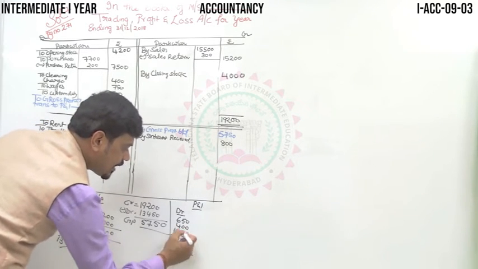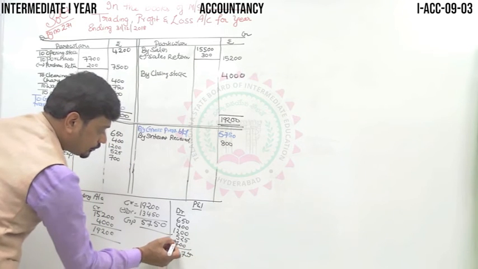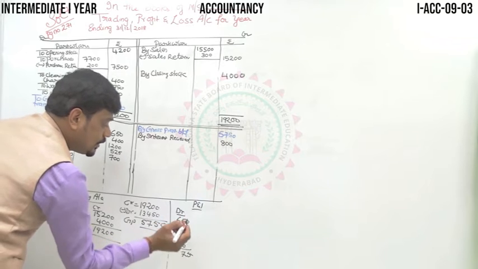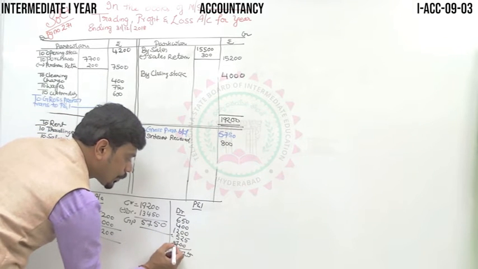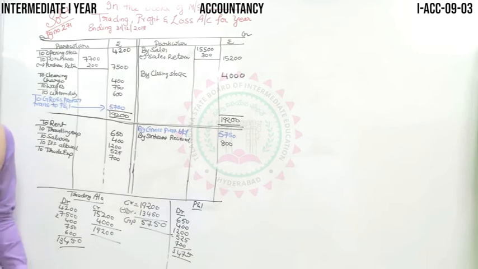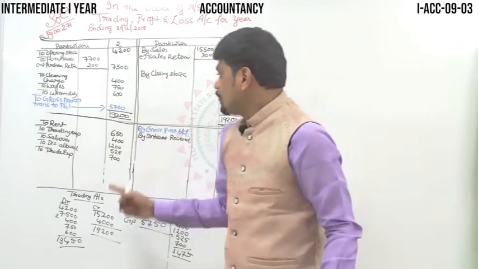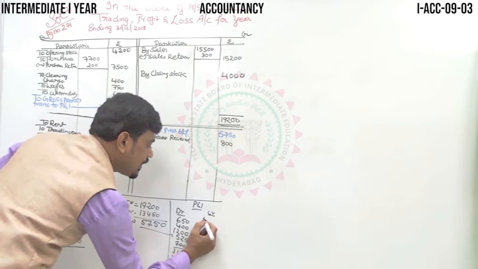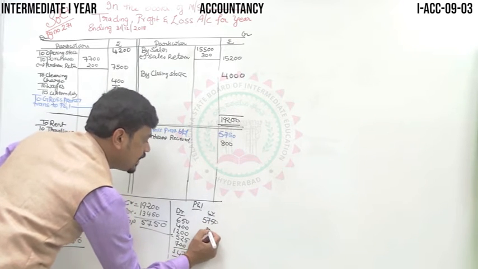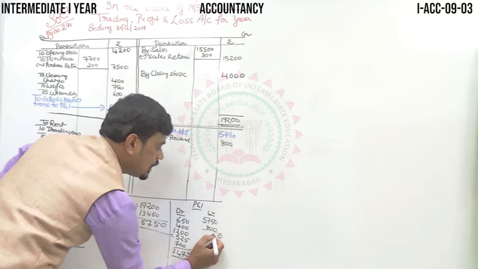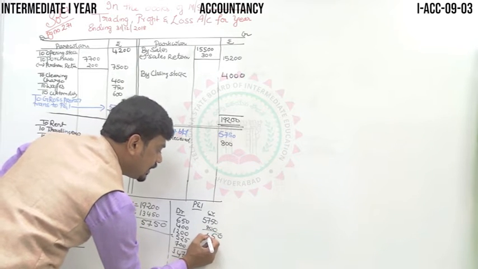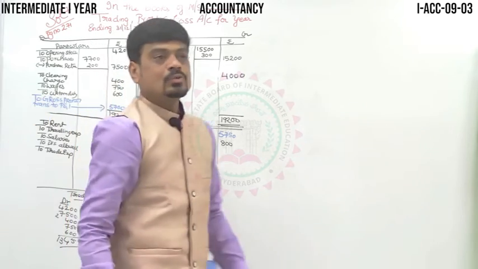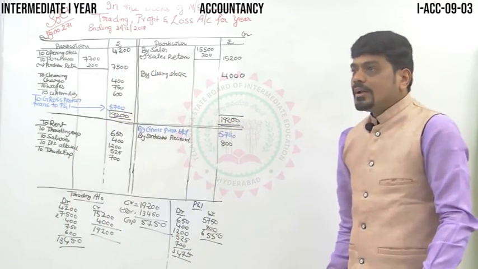The total is 3,475. Now I'll write the credit figures. If you see credit, 5,750 and 800. We got the credit total 6,550.